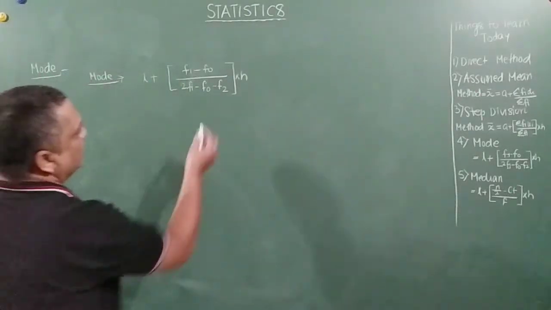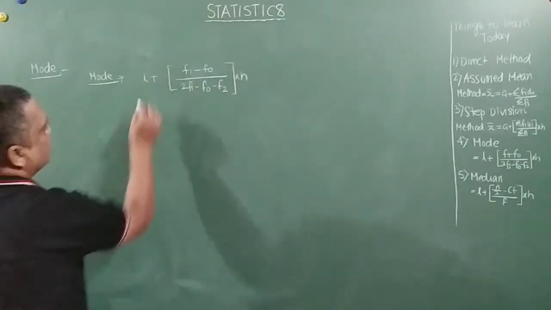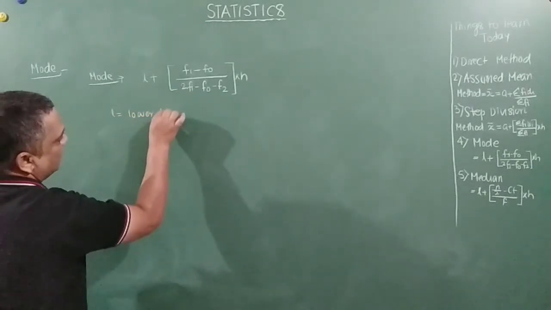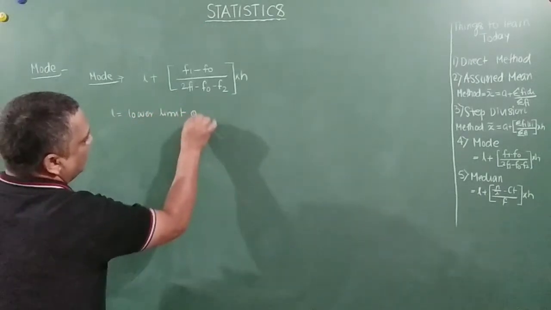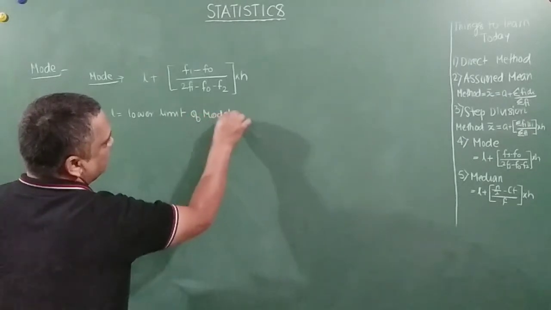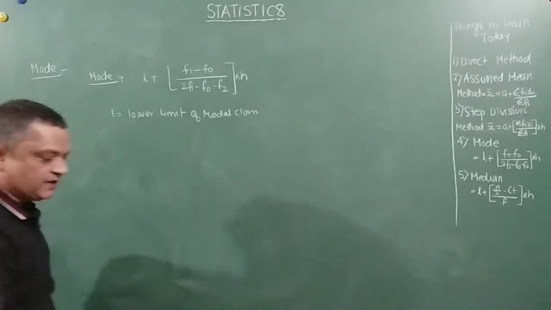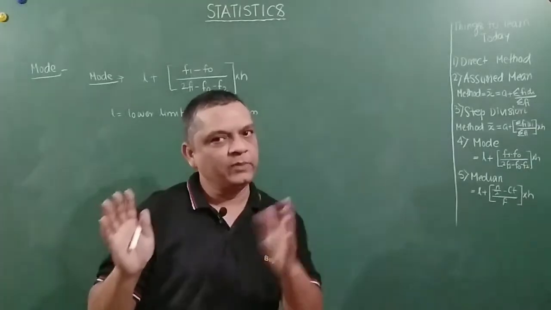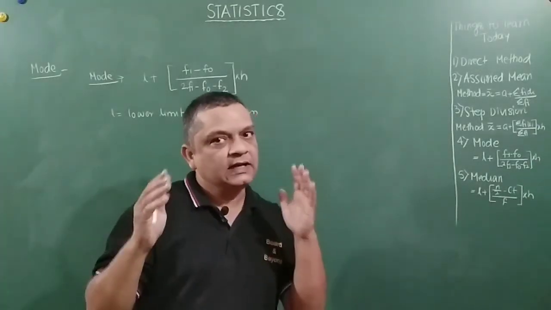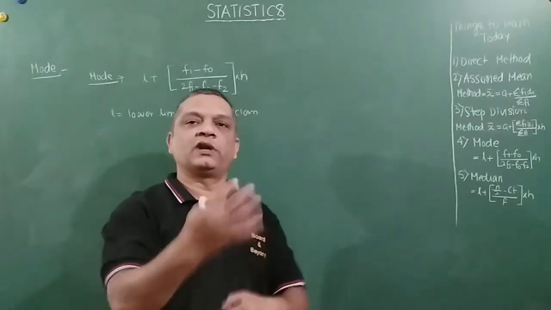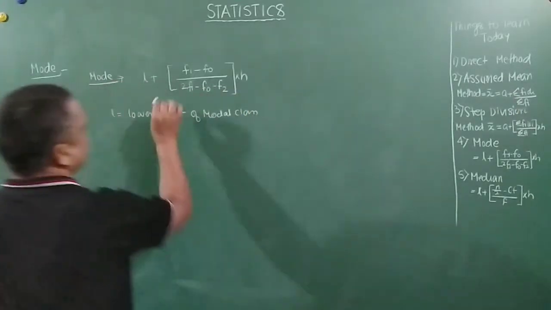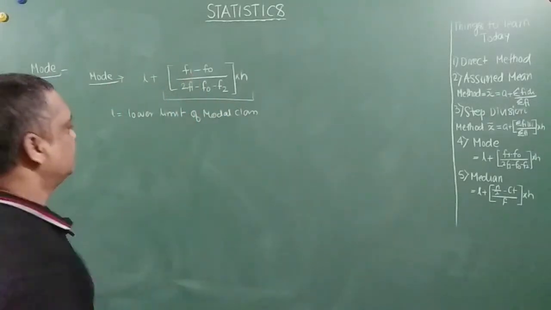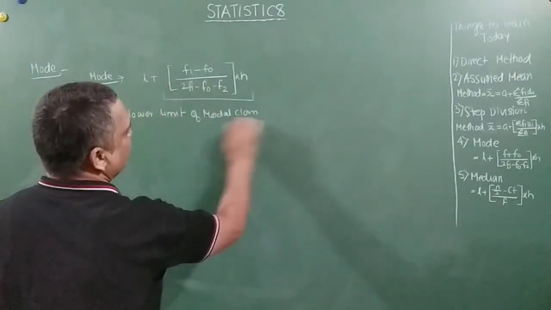Friends, first of all, L is equal to the lower limit of the modal class. You have decided what the modal class is, then there will be two limits, one lower and one upper. So your mode is something added to the lower limit, and that something is this, right? So lower limit plus this something will give you the mode of the data. So this is the lower limit of the modal class.